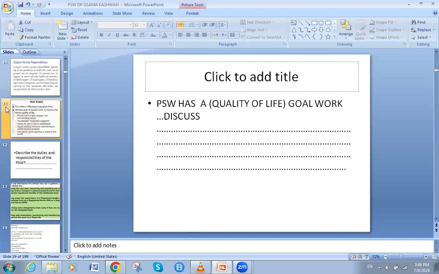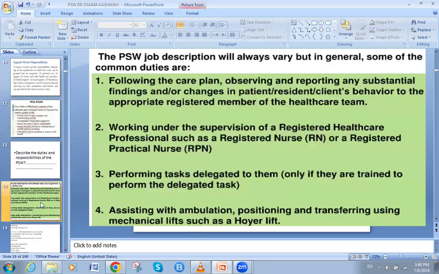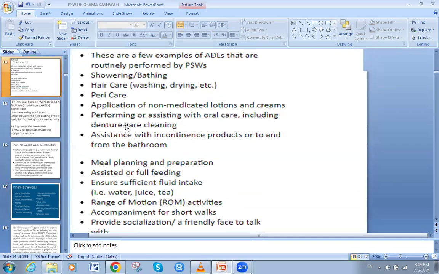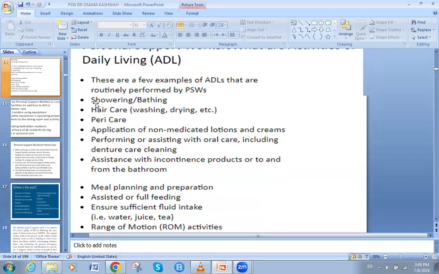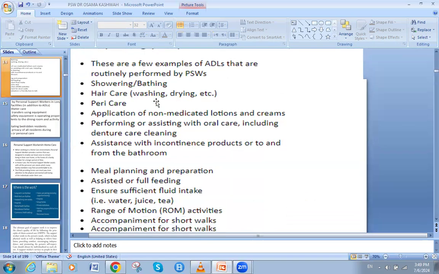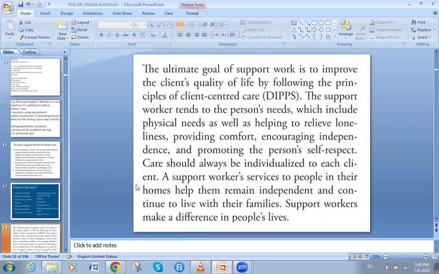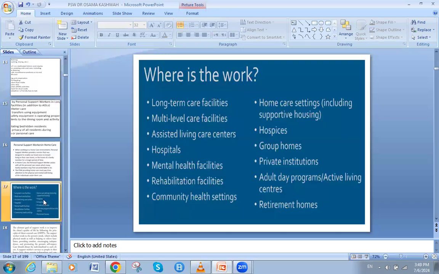So let's go back to what we talked about today. We talked about the Hoyer and how to use it for transferring the patient from one point to another. We talked about some activities of everyday life for a patient. We talked also about the ultimate goal of the support worker, to enhance the quality of life for the people who need this work.